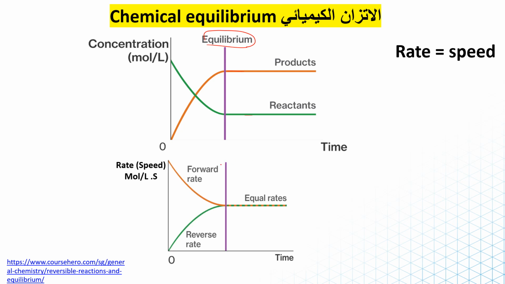If we look at the speed, okay, of the forward reaction and the reverse reaction, the forward rate is decreasing with time and the reverse rate is increasing with time until they are both equal. So when the rates are equal, لما يكونوا سرعات التفاعل الأمامي والعكسي متساويين، كمية البرودكتس والرياكتنتس خلاص ما تتغير.